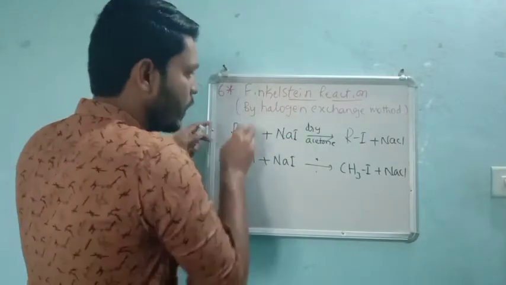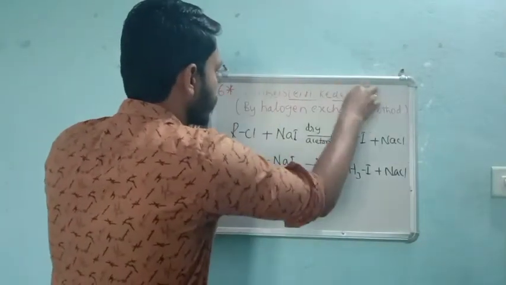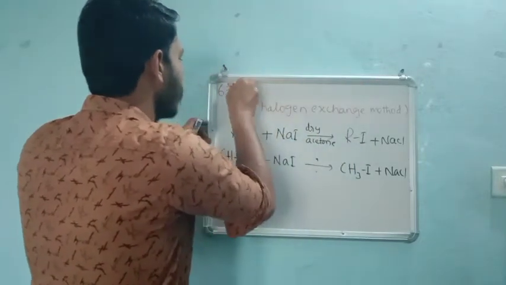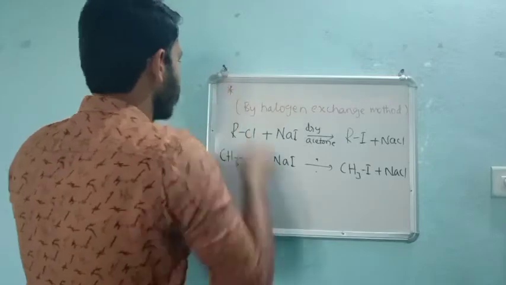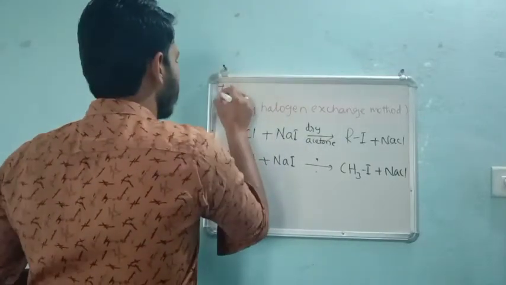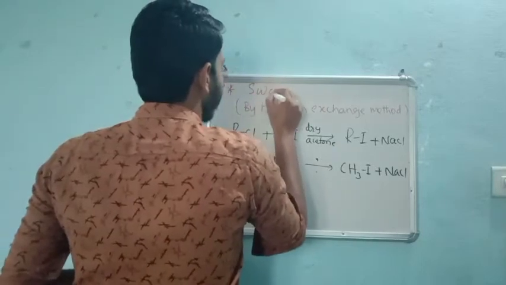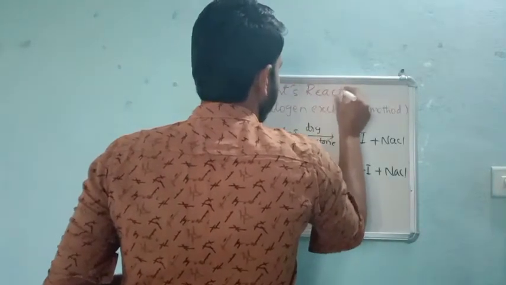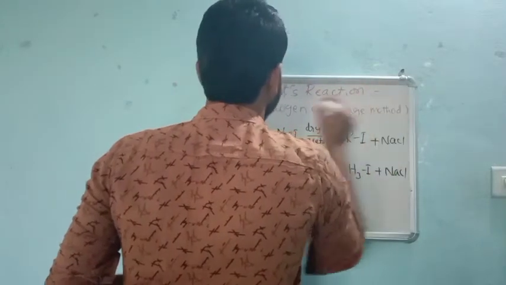So here I will write one more halogen exchange method, that is the seventh method of preparation of haloalkane. That is nothing but the Swarts reaction. Seventh method, Swarts reaction. These reactions are very important, dear students, right?